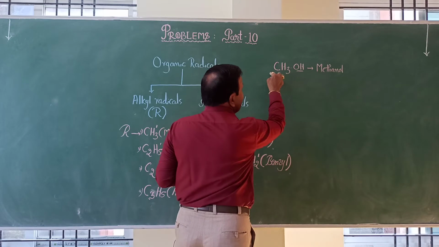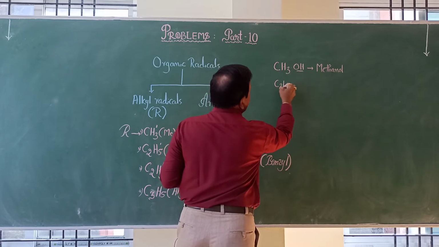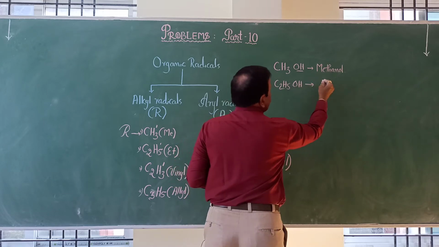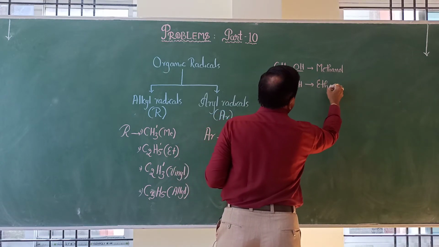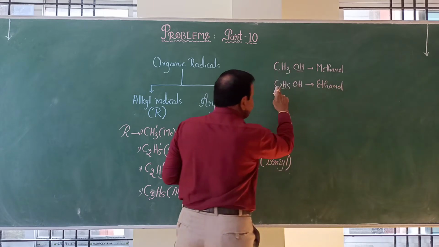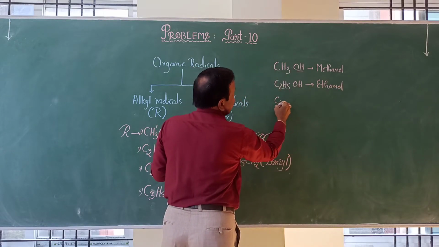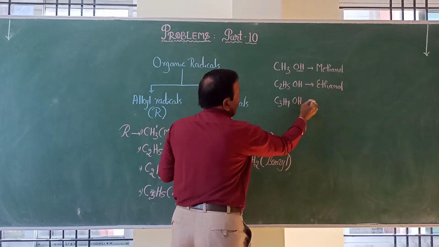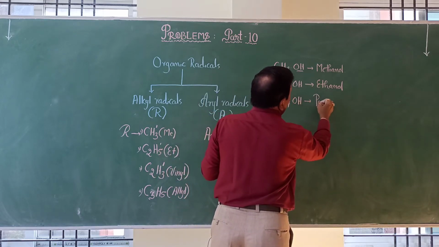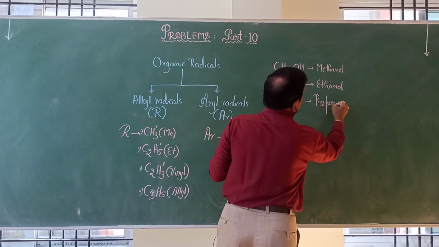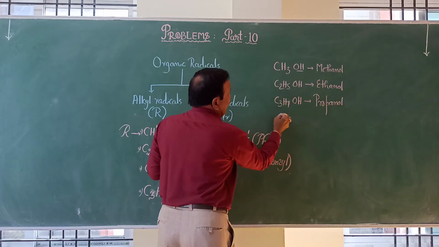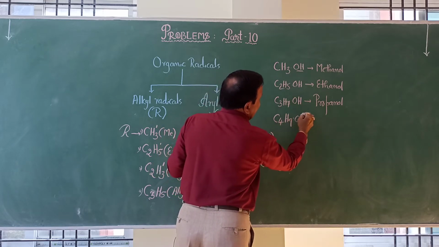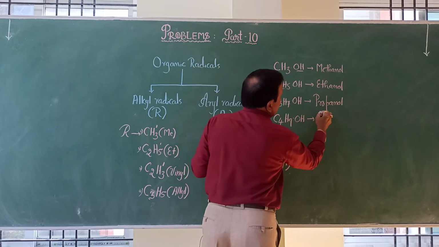If you add CH2 to this, it becomes C2H5OH, this will be ethanol. Add CH2 to this, C3H7OH, you get propanol. And if you take C4H9OH, you will get butanol.